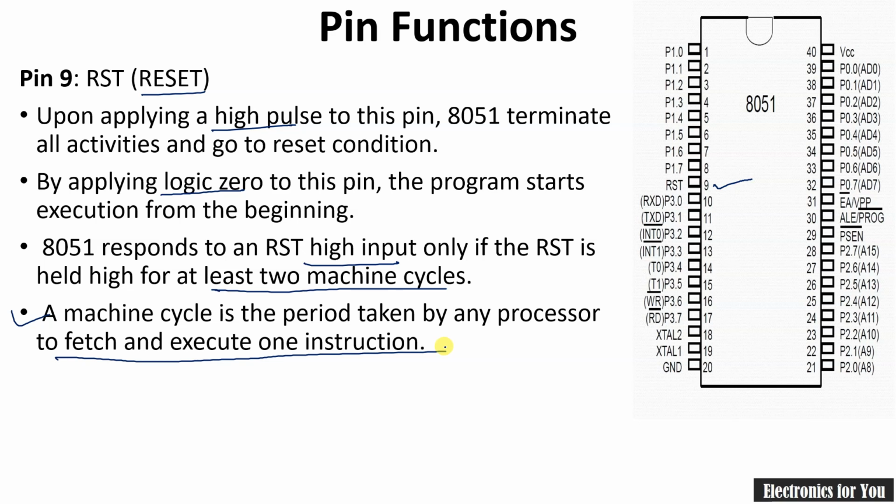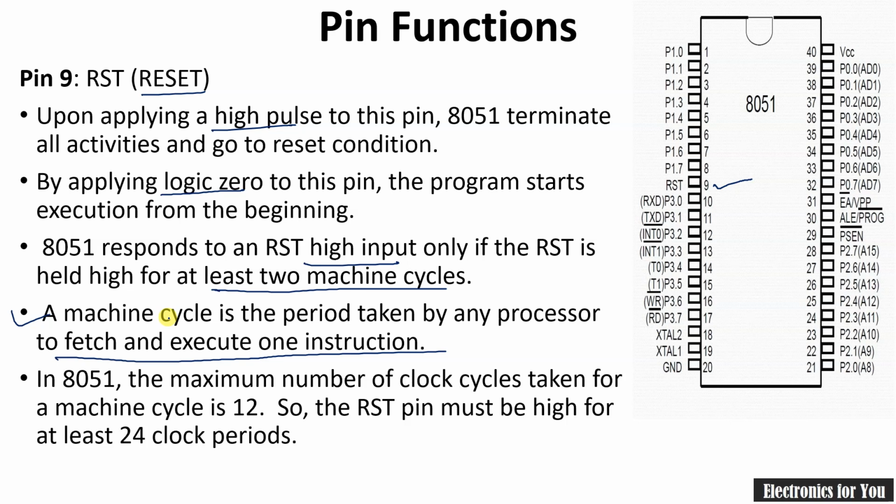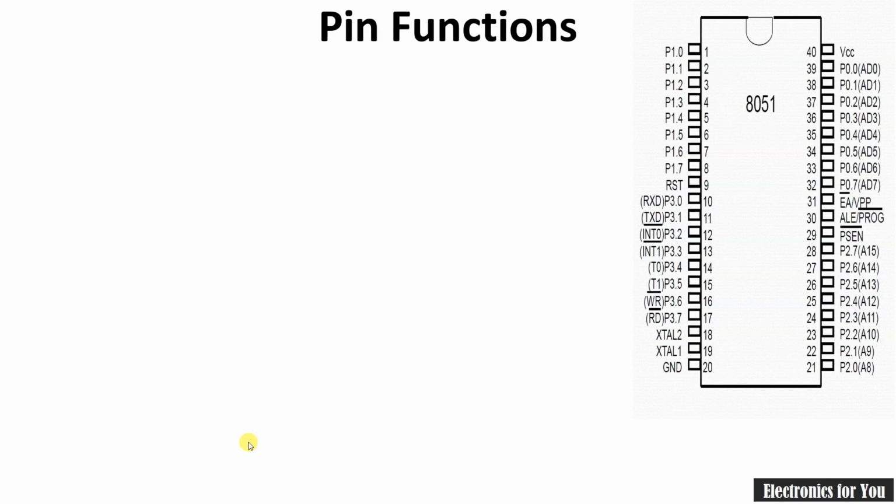To execute one instruction, some steps need to be performed, and the time period taken by the microcontroller to perform this action is called the machine cycle. In the 8051, a machine cycle takes 12 clock cycles. So to reset the microcontroller, at least 24 clock periods should be applied.